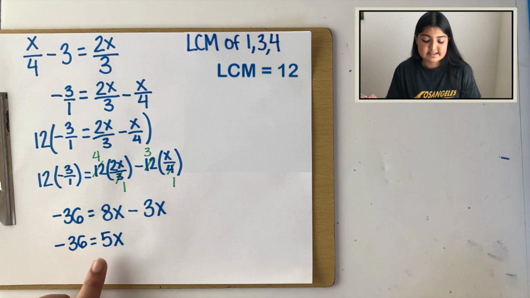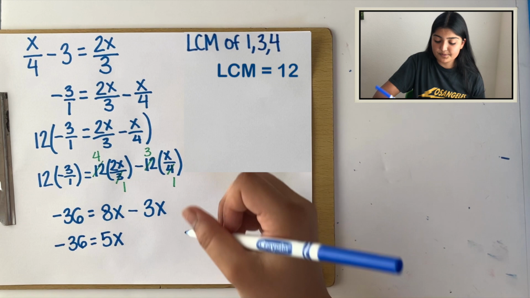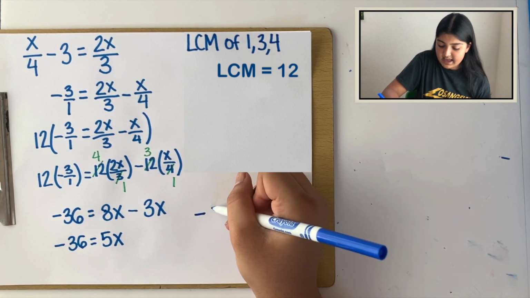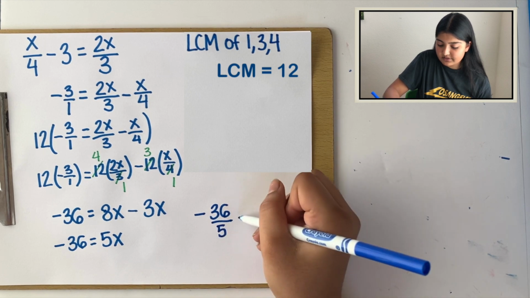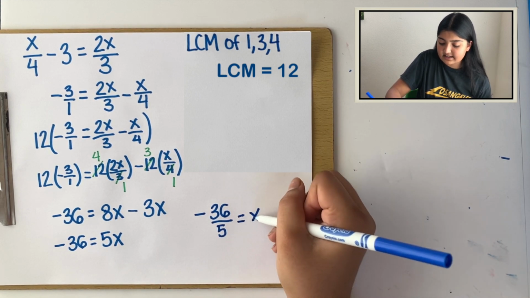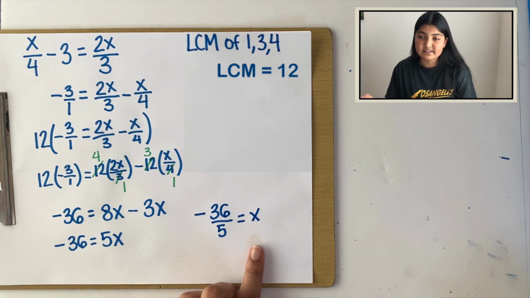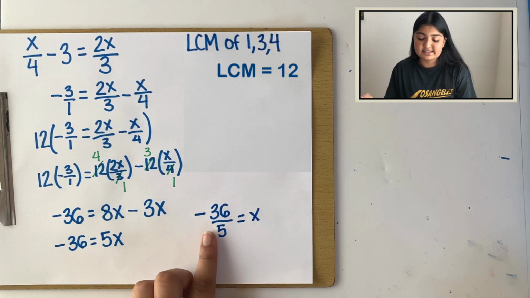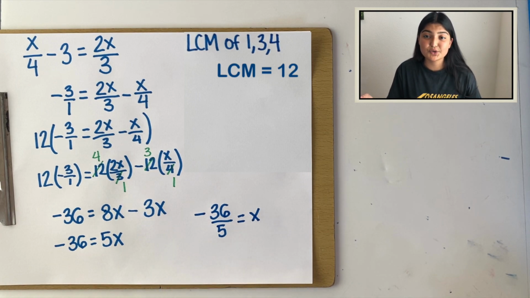Now, let's take this 5 to the other side of the equation, where it will divide. So, -36 over 5 is equal to x, or x is -36 over 5, which is a solution to our equation.